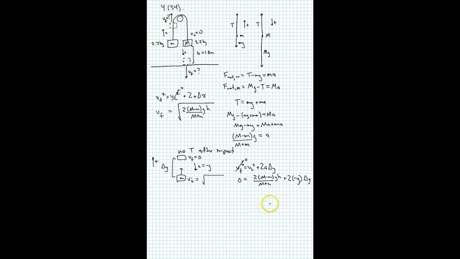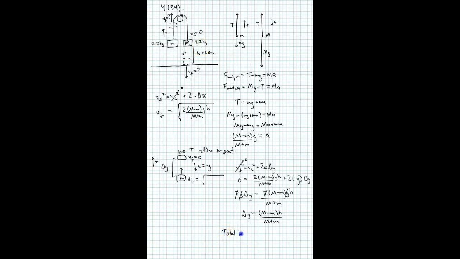Alright, so we can simplify quite a little bit here. I'm going to move this 2g delta y over to the other side and then get rid of some things. 2's can go, g's can go. So my delta y is (M minus m) h over (M plus m), and that is in addition to that h.